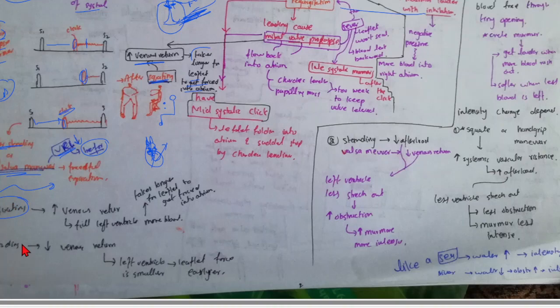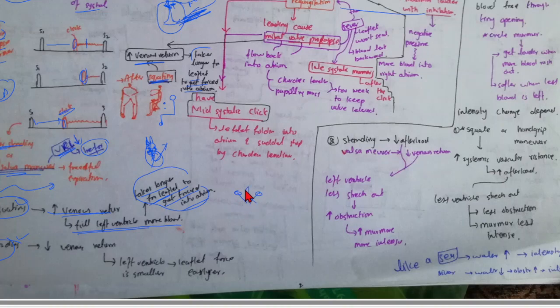So how do squatting and standing affect it? Squatting increases the venous return, so the left ventricle becomes full, and it takes longer for the leaflet to get forced into the atrium. This is one leaflet, this is another leaflet.